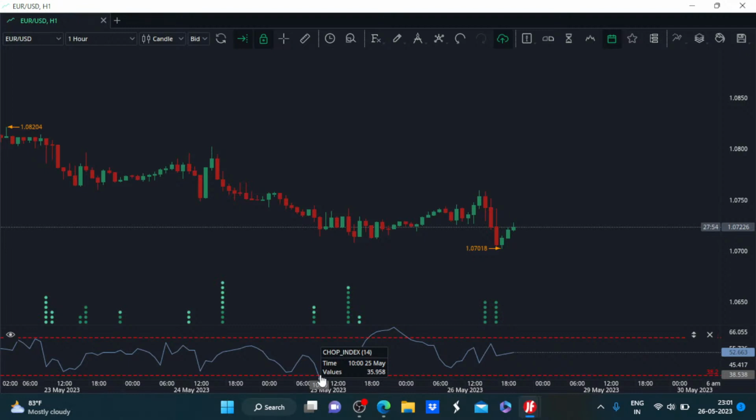And if the value is in between these levels, then you will have to pay attention to the directional movement of the output value of the choppiness index. If it is rising, then that means the choppiness is increasing, and if the underlying instrument is now showing signs of trend picking up, then we will have the choppiness index value starting to decline.